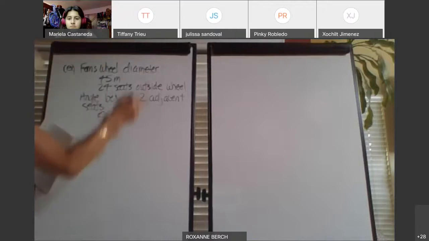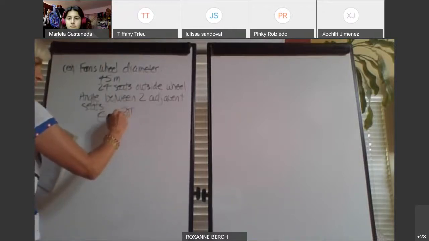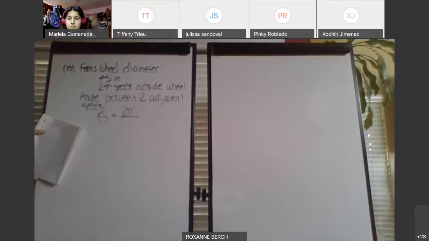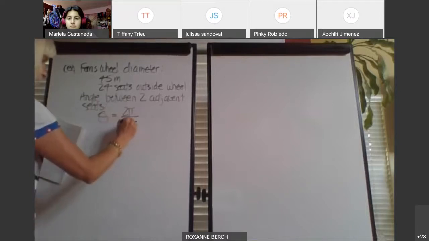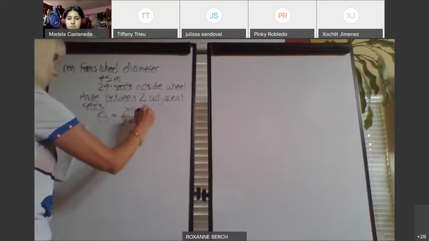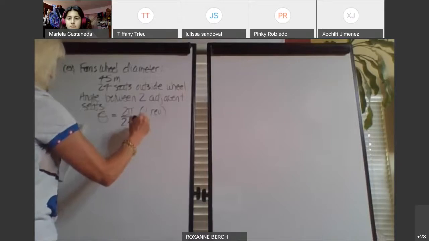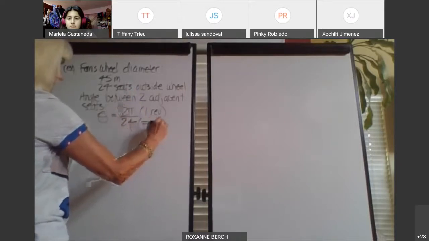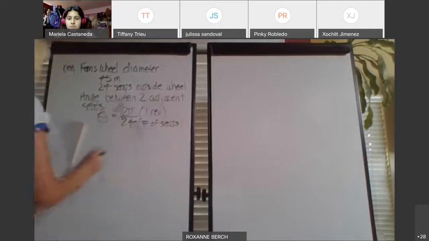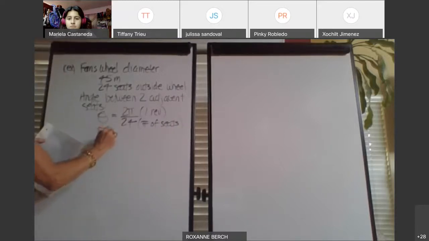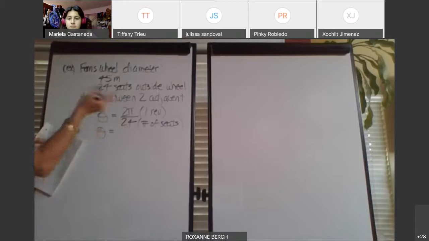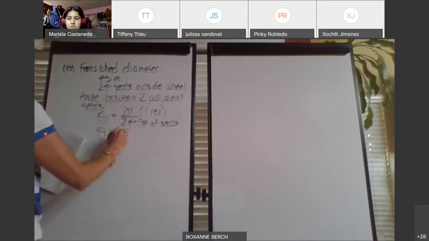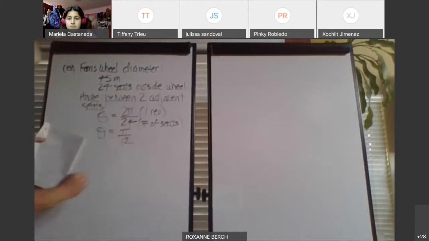Now 2 pi is a full revolution, right? So that's one revolution, and 24 is the seats. Okay, so that means that the angle between two adjacent seats then is pi over 12 when you simplify that.